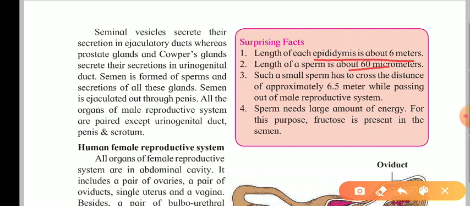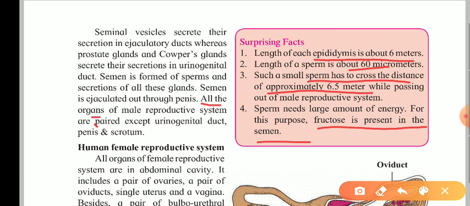This small sperm requires a huge amount of energy to travel approximately 6.5 meters while passing out of the male reproductive system. For this purpose fructose is present in the semen. Fructose acts as a source of energy for the sperm, giving it enough energy to travel the 6 meter long epididymis.